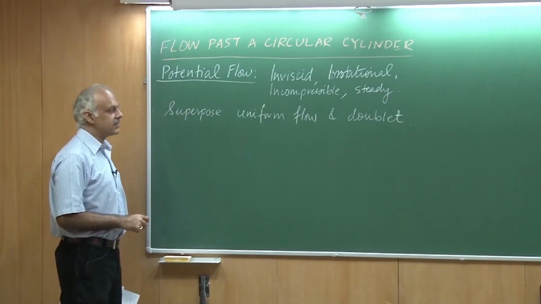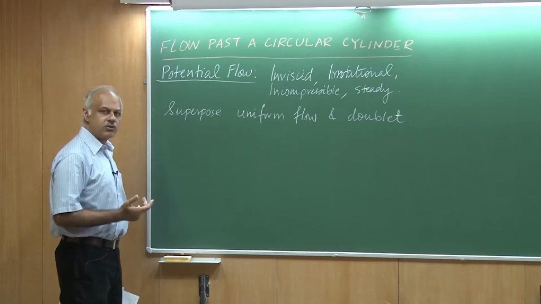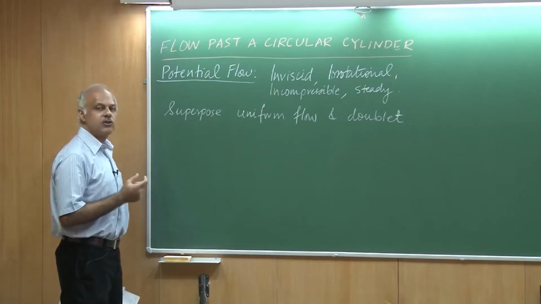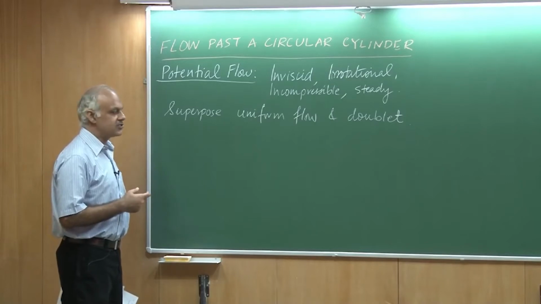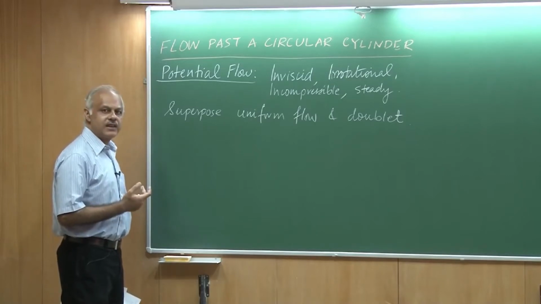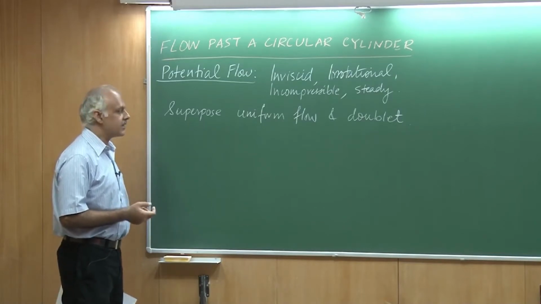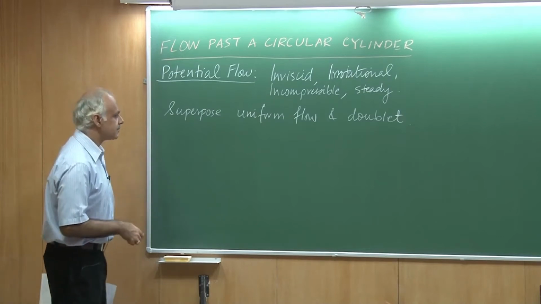The source squirts out fluid, the sink collects it, and they become very close to each other, and the strength also increases to a very large extent, such that the strength times the distance between them is a finite quantity. That gives rise to a doublet.